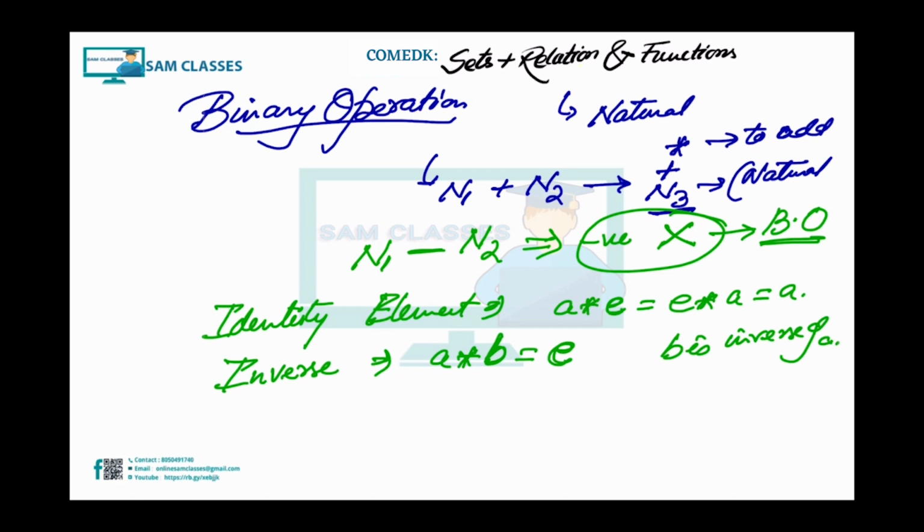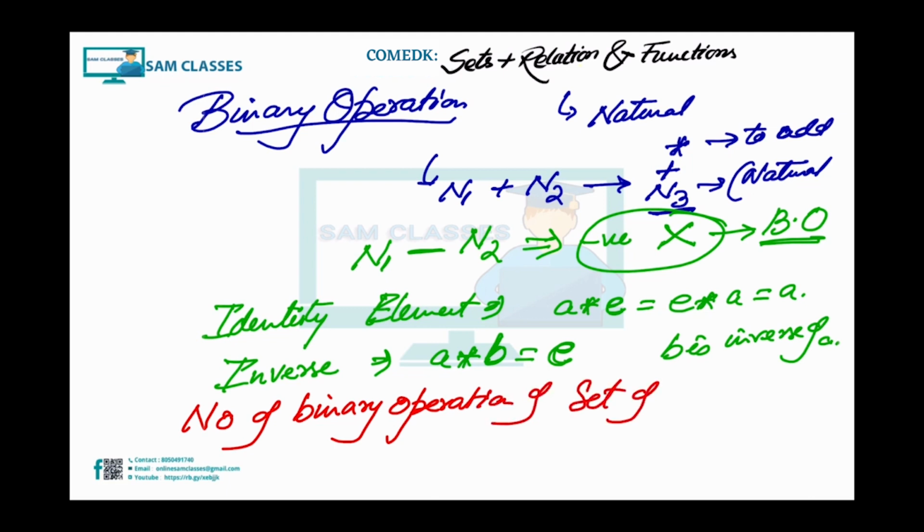Clear? Now one most important thing, students, that we need to understand is the number of binary operations. The number of binary operations on a set of m elements is equal to m to the power m squared.